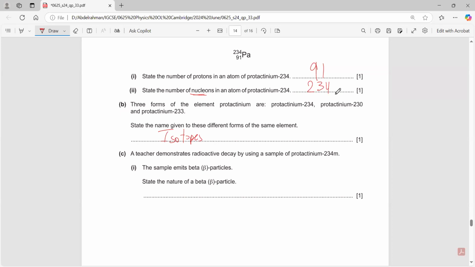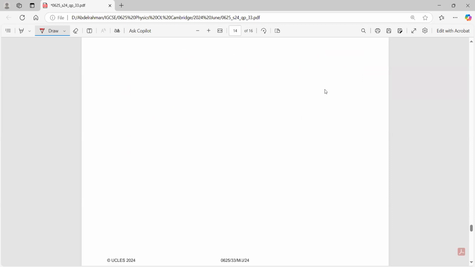The sample emits beta particles. State the nature of these beta particles. The beta particles are electrons. You can say negative electrons, but we need to write down electrons. If he asks about the charge, you'd say negative.